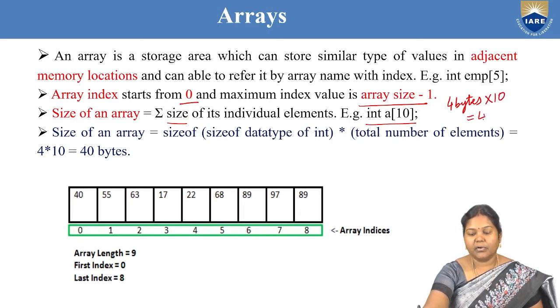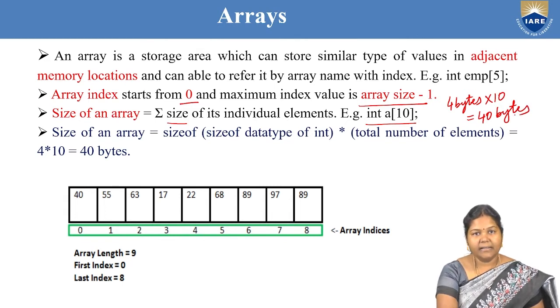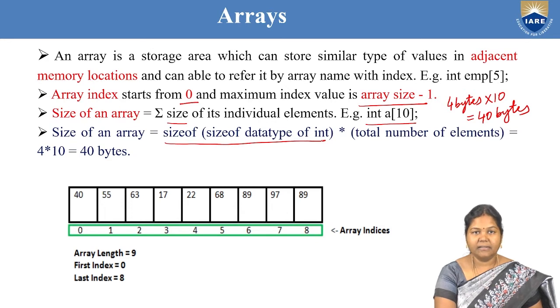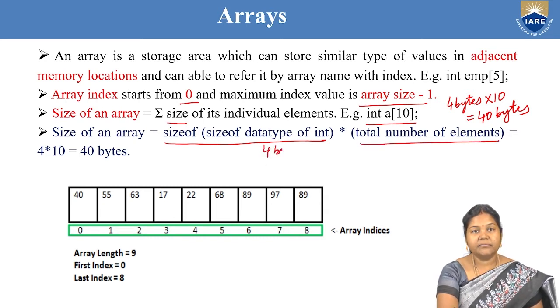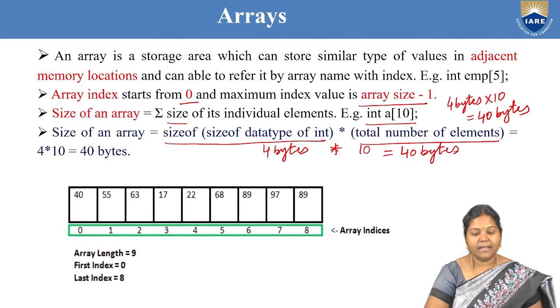So, it will be 40 bytes. So, the size of an array is the size of the data type, integer, which in a 32-bit or 64-bit computer is 4 bytes, multiplied by the total number of elements. Here, the size of integer is 4 bytes multiplied by the total number of elements, 10. So, it becomes 40 bytes. This is called the size of the array.